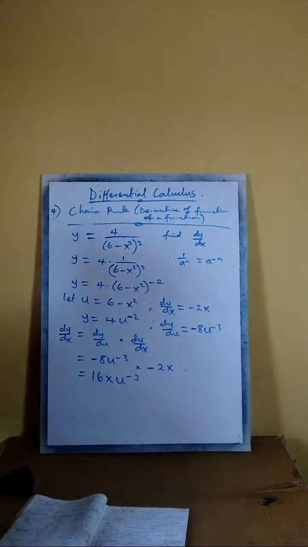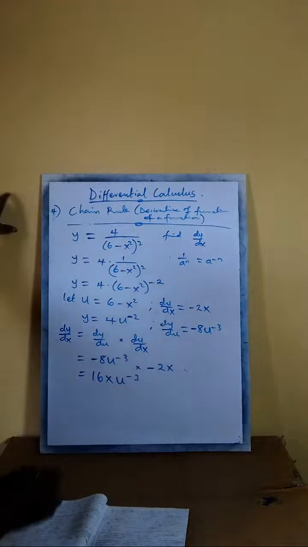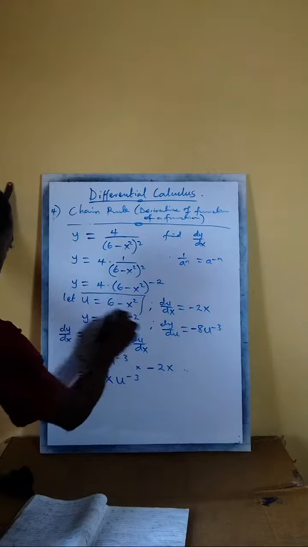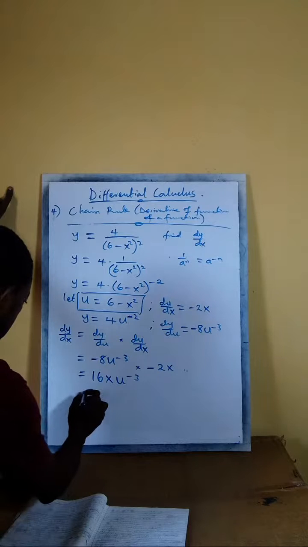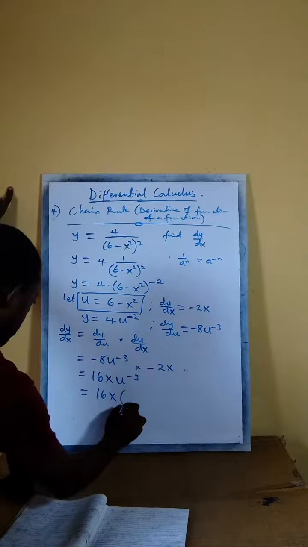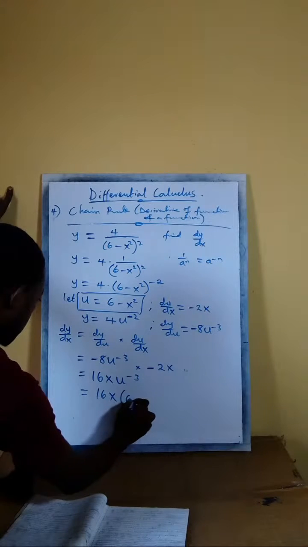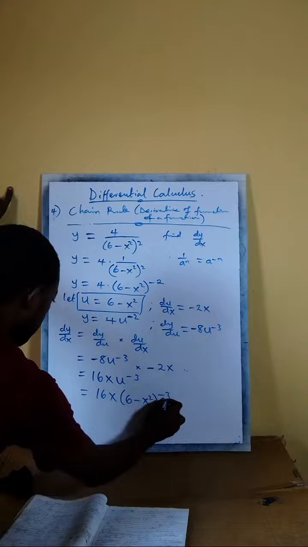Then we can now substitute the value of u. Here, u is the same thing as 6 minus x squared. Then this gives us 16x times (6 minus x squared) raised to power minus 3.